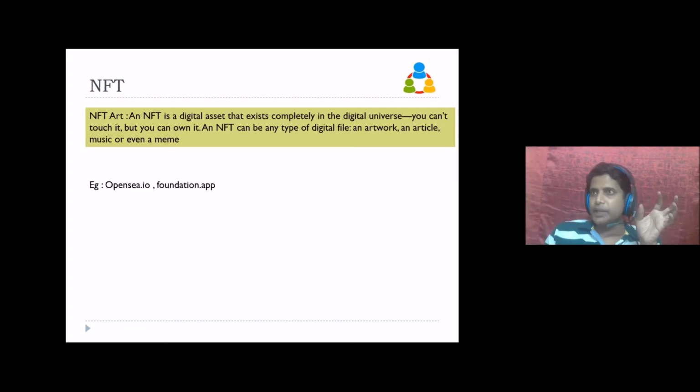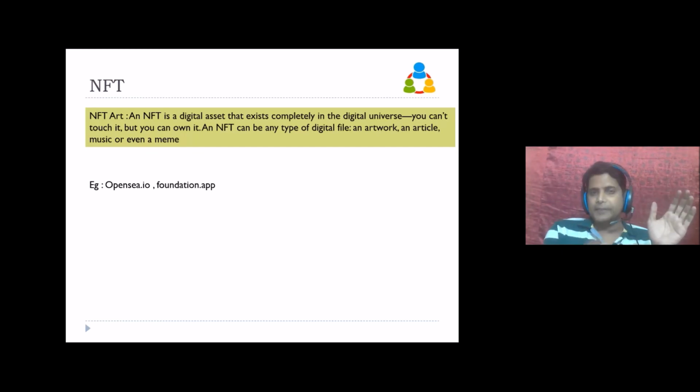For doing that, there are platforms which help you to convert them into an NFT. You create your creation, you can convert it into an NFT token. Okay, that NFT token can be published onto the blockchain network, and then there will be people who will be interested to buy your creation. Okay, and you create a digital art, you publish it somewhere.